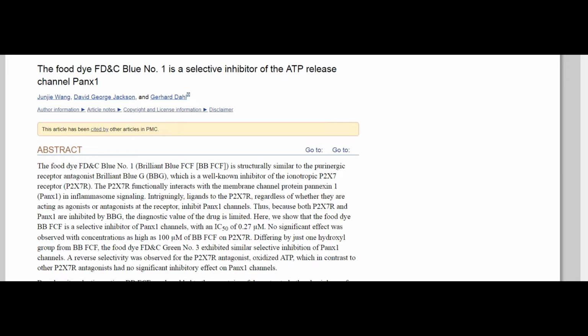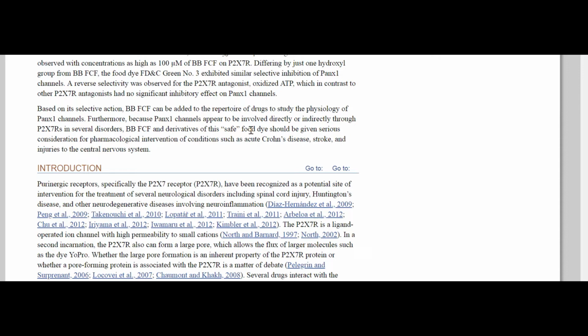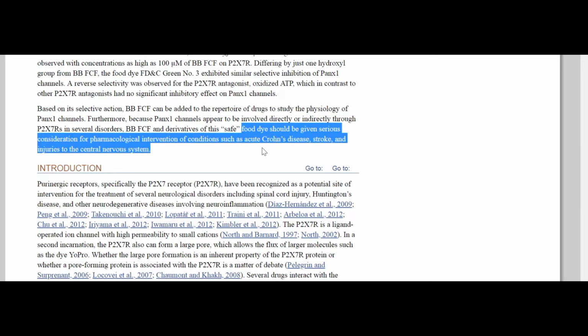I don't know what that receptor does, but it selectively inhibits energy release from those certain channels. If you look down the abstract, they think that blue food coloring could be given serious consideration for pharmacological intervention of conditions such as acute Crohn's disease, stroke, and injuries to the central nervous system. All that wouldn't be possible without spectroscopy.